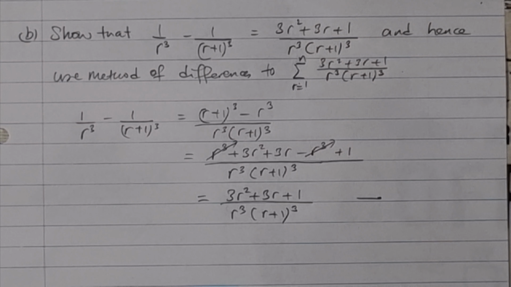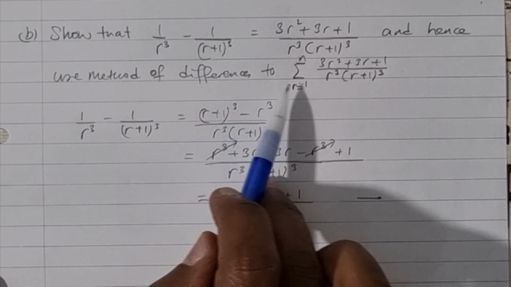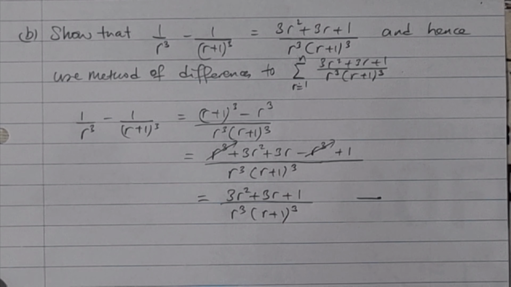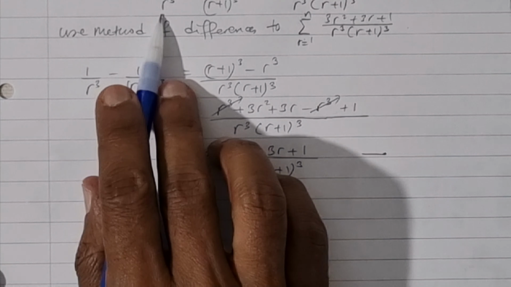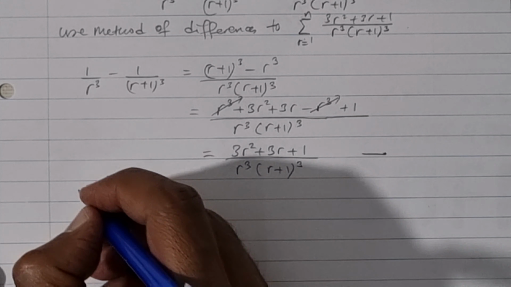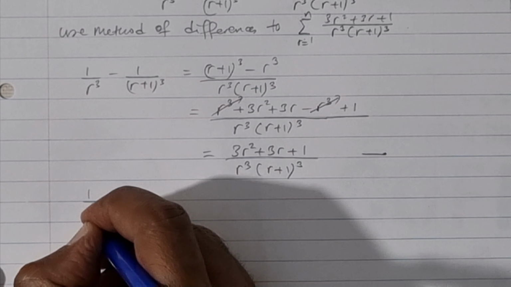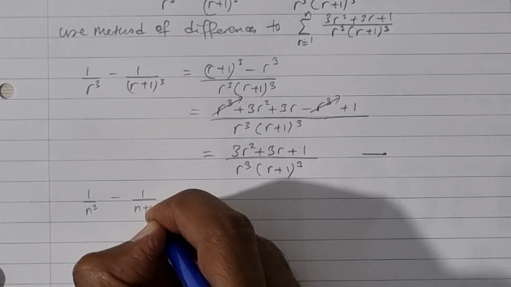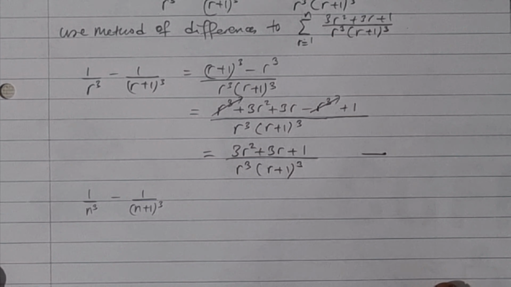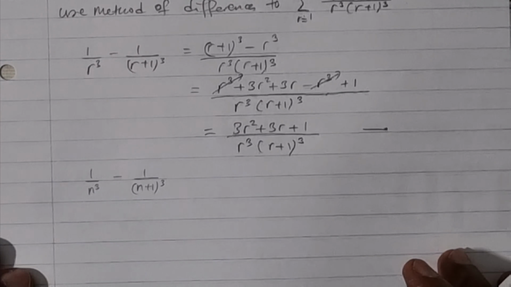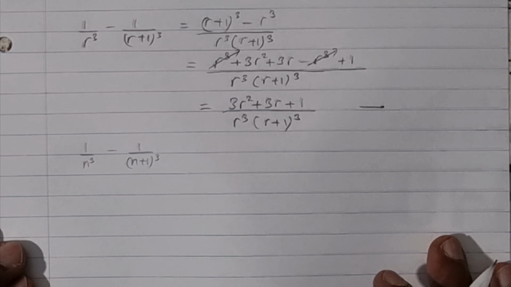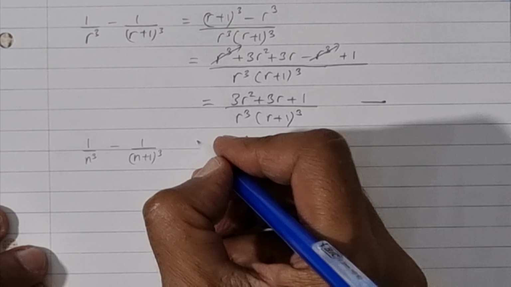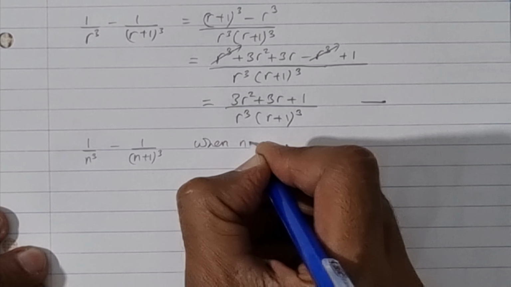And of course, now what we have to do is to use method of differences to find the sum of all of that. Now remember, this is exactly the same as this. So what we have then, I'm going to substitute the r for n. So I can say 1 over n to the cube minus 1 over n plus 1, all of that to the cube. Now I'm going to take some values, and we can start with n equal to 1.